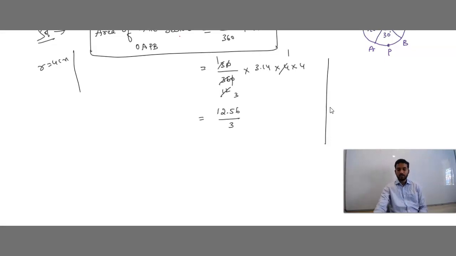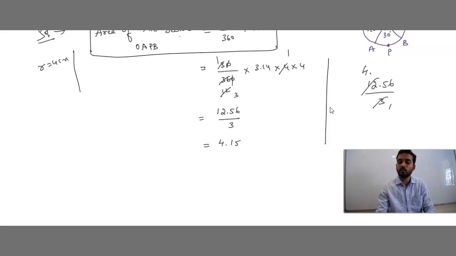12.56 divided by 3. Now if you are going to cancel these terms, 3 4s are 12, right? Keep the point as it is. 3 1s are 3, 3 5s are 15. You can see here 12.56 divided by 3. 3 1s are 3, 3 4s are 12. Keep this point as it is. Again 3 1s are 3.